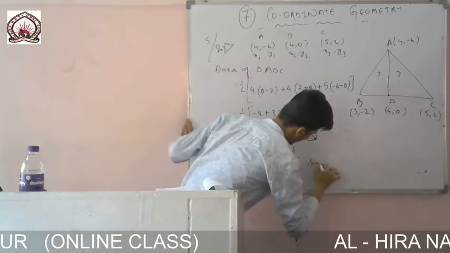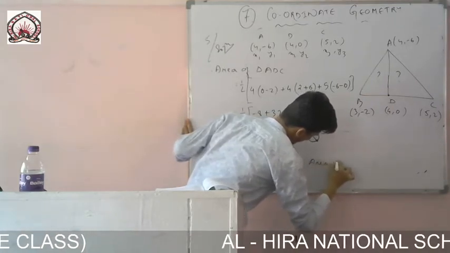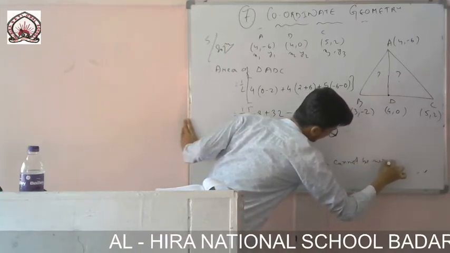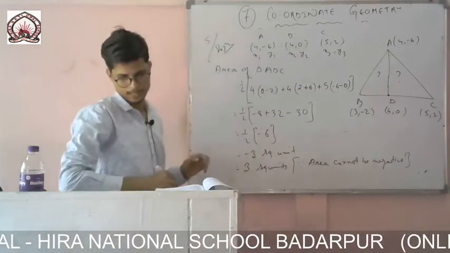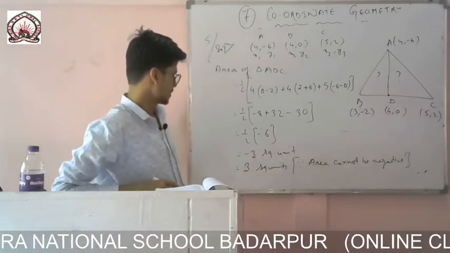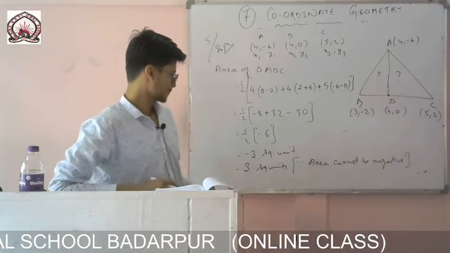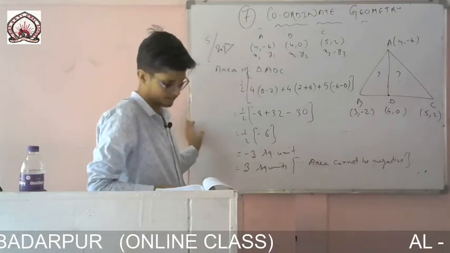Since area cannot be negative, numerically I cannot write minus 3, so I will write only 3. Then you write the reason: since area cannot be negative.